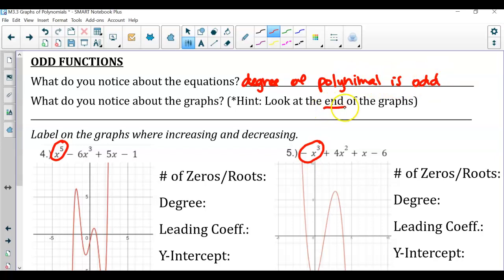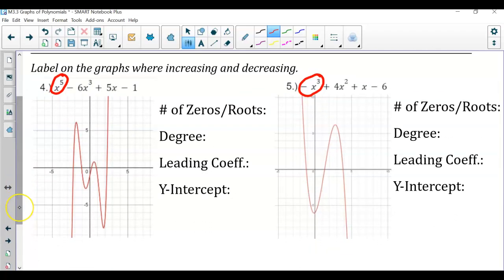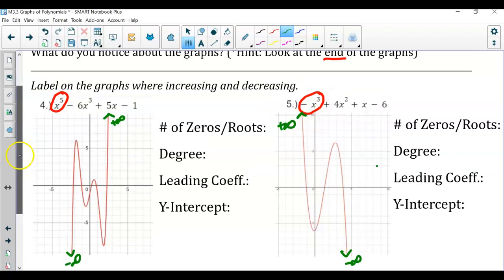And again, looking at the ends of the graphs. What do you now notice about the ends of the graphs of our odd functions? Well, I notice here this end is going towards positive infinity, right? But this end is going towards negative infinity. And here, notice how this end is going towards negative infinity, but this end is going towards positive infinity.